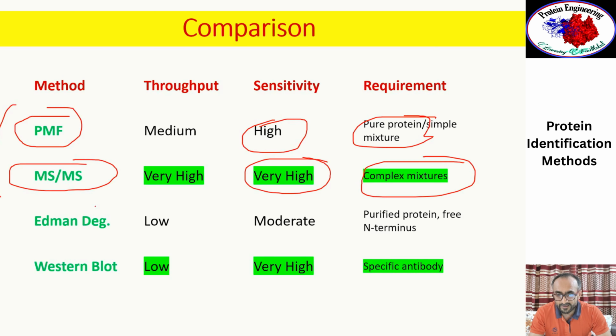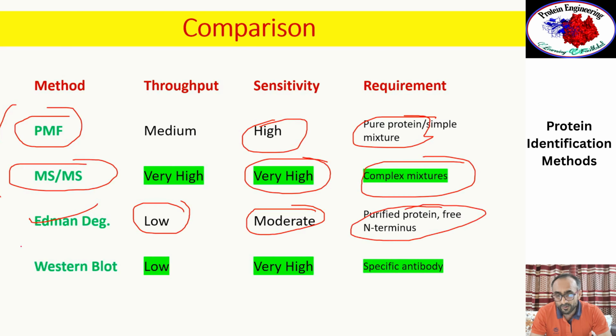Then the third method is the chemical based method, which is very low throughput, sensitivity is also moderate, and here you require a very pure protein, and the protein should have a free N-terminal. If the N-terminal is modified, you cannot use the Edman degradation method. Then Western blotting has low throughput, in fact the lowest, and it can only be used if you have antibodies available against that protein of your interest.